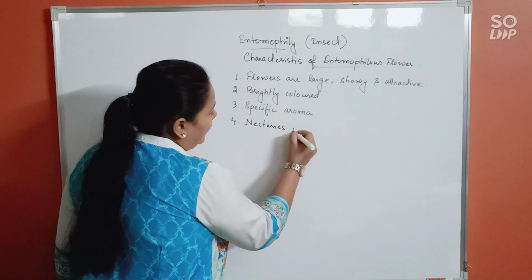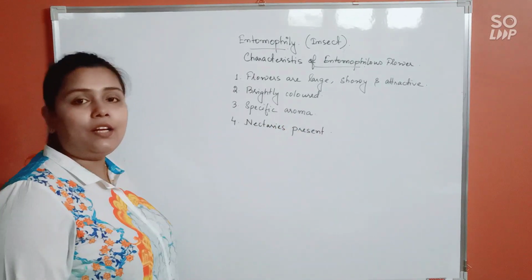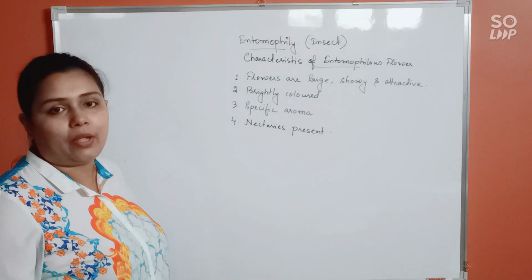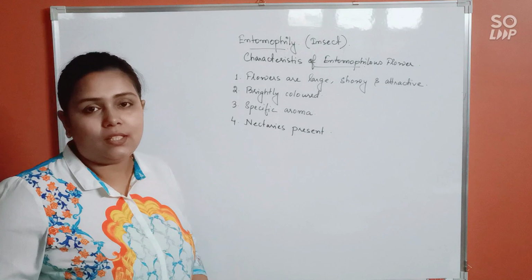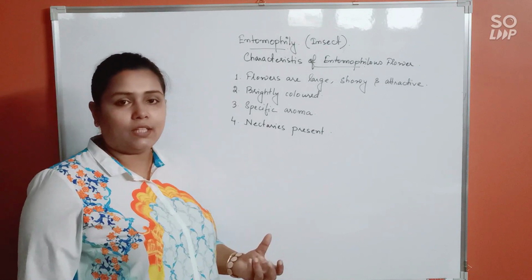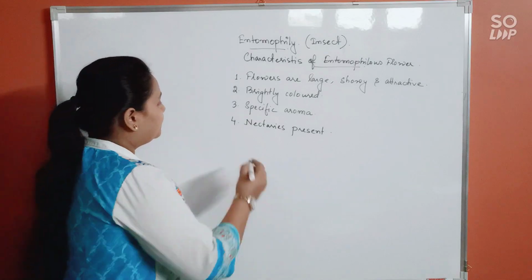Nectaries present. So the flowers can bear nectar as well. The nectar is actually a type of gift or a present that's given to the insect pollinator by the plant, in return for pollination. Okay.